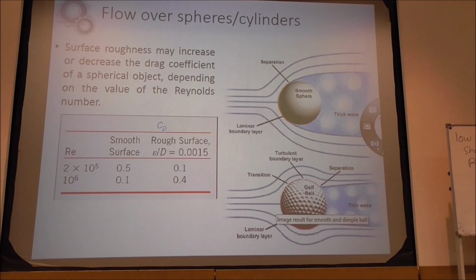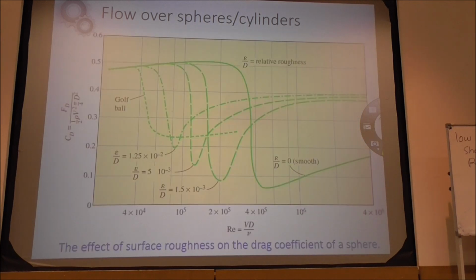Right? When you hit the ball, it will be at a certain velocity, right? So this dimple is only effective for those velocities. For different velocity, you have to get a different shape of dimple. You have to get a different shape of those things.